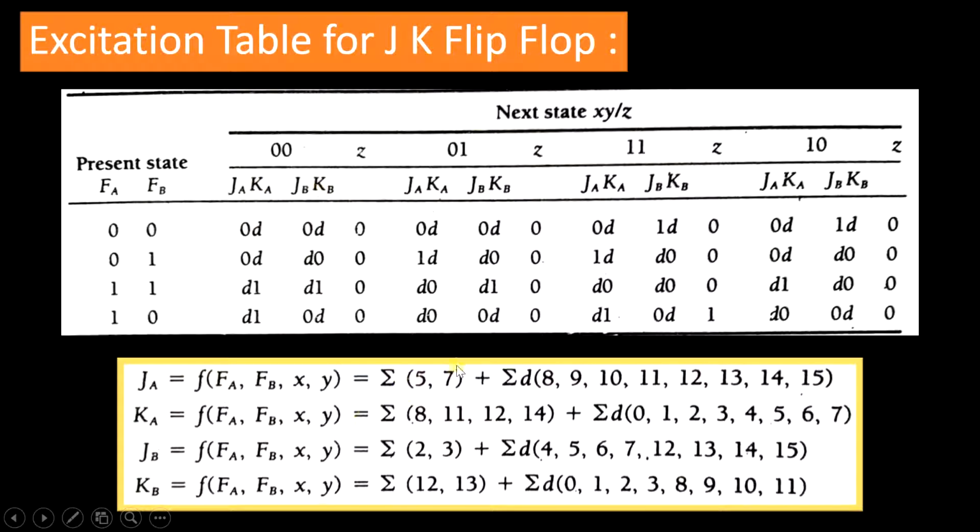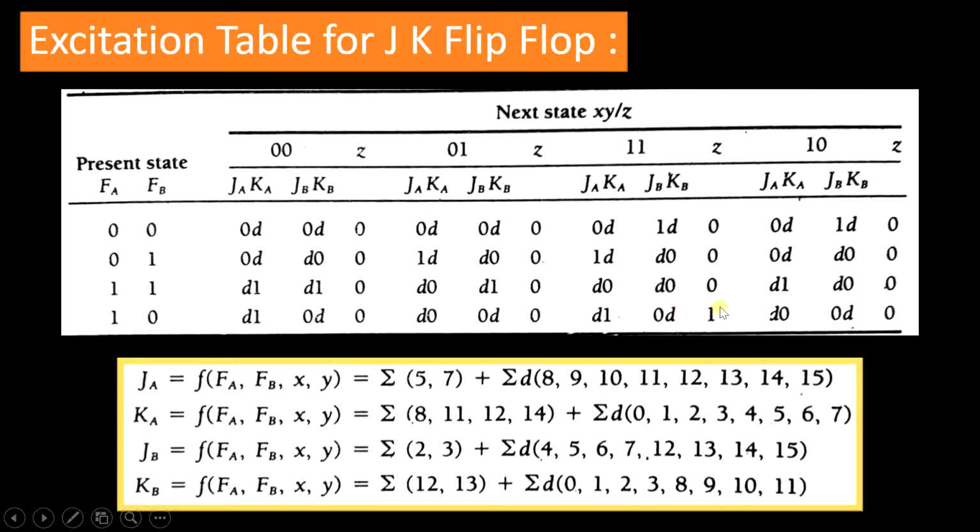You can see for JA we have don't care terms here. As an example, 1100 is equal to 12. It's a don't care term. Similarly, if I want to look for a min term, this is 0101, which is equal to 5. That way you can proceed.